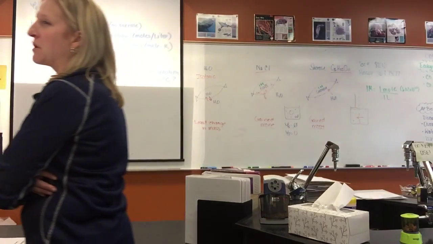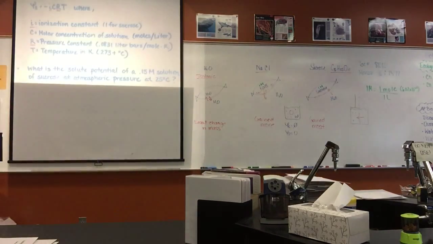I want you to see if you can figure out what units this solute potential is measured in. So not only figure out the numeric value, but what units it would be measured in.